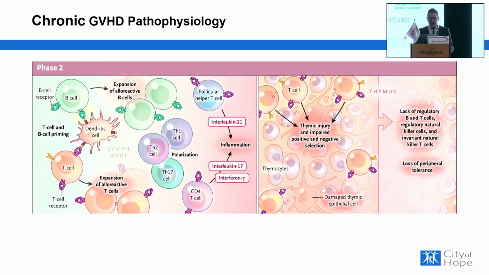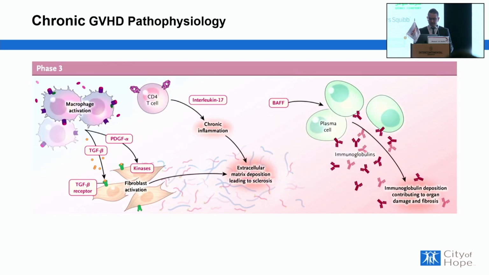The activation leads to multiple cytokine secretion, leading to further activation. And at that time, conditioning-induced damage to the thymic tissue also leads to a decrease in the Treg population, which is supposed to help with peripheral tolerance, which is lost in this setting.